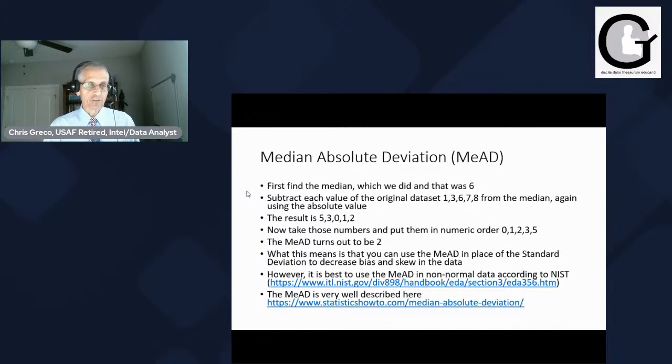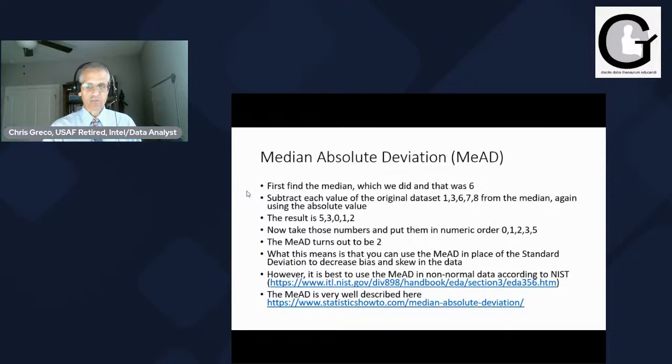According to the National Institute of Standards and Technology, I put the reference up. You can take a look at it. It goes through it and tells you all the different aspects. The mean is very well described at statisticshowto.com. Very good reference if you want a description of what each of these things are, and you don't want to listen to Chris Greco. That's cool. Go to that site. I really use it a lot.